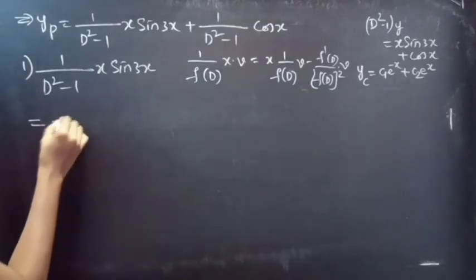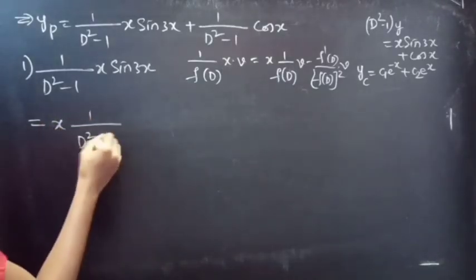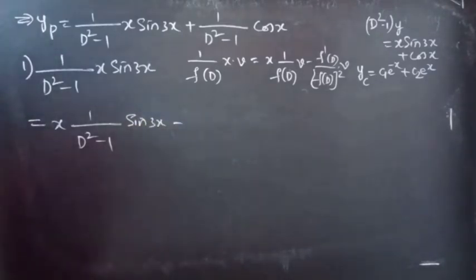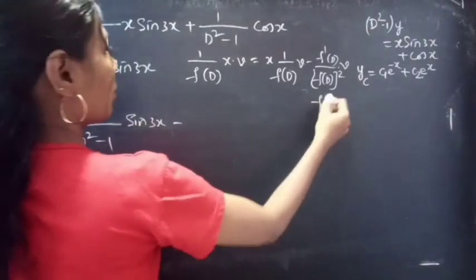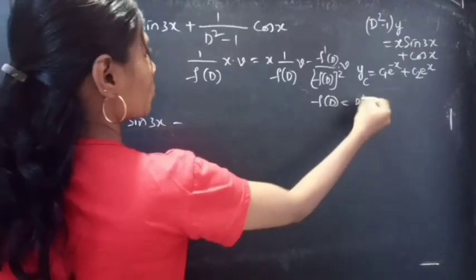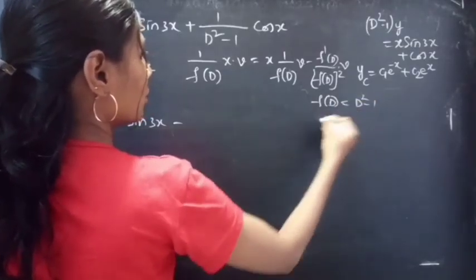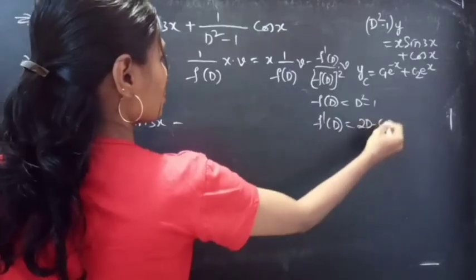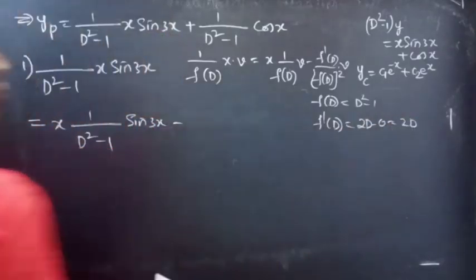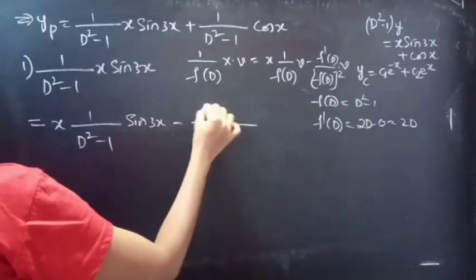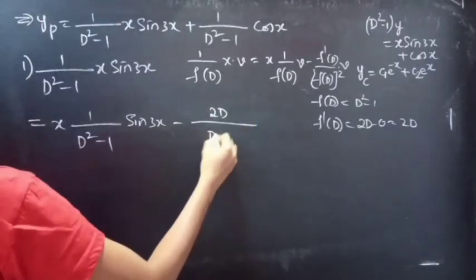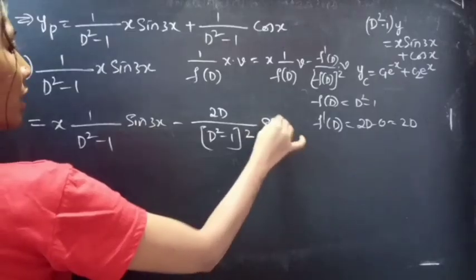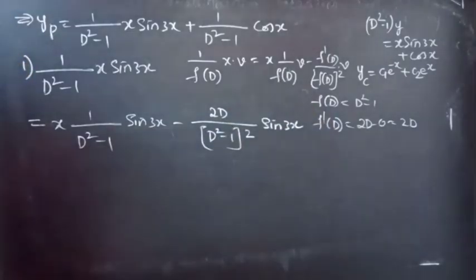This equals x into 1 by D square minus 1 into sine 3x minus, if f of D is D square minus 1, then f dash of D is 2D minus 0, which is 2D, right? So we'll get 2D by D square minus 1 whole square into sine 3x, right?